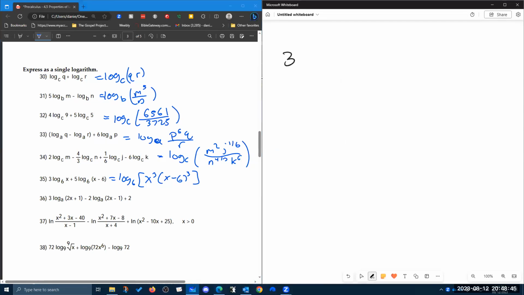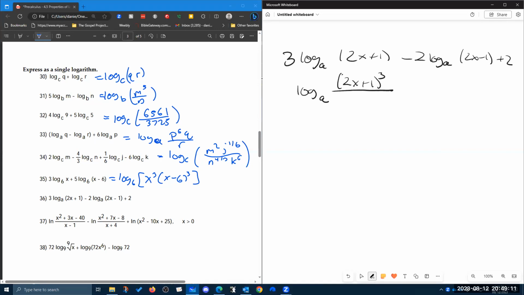Three log base a of 2x plus 1 minus 2 log base a of 2x minus 1 plus 2. It's going to be log base a of 2x plus 1 to the 3rd divided by 2x minus 1 to the 2nd.